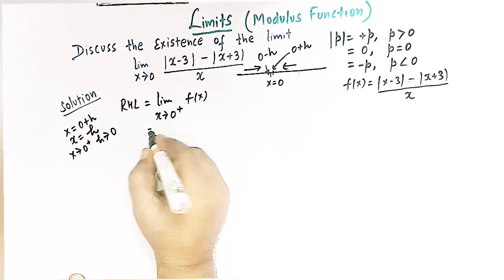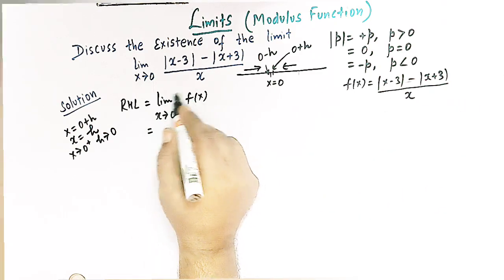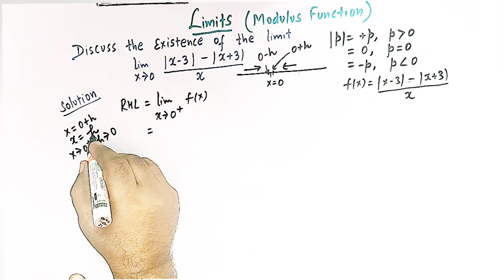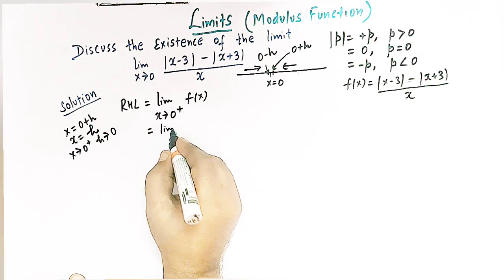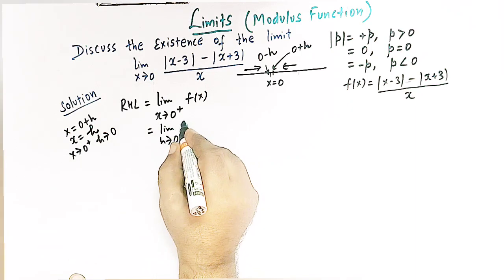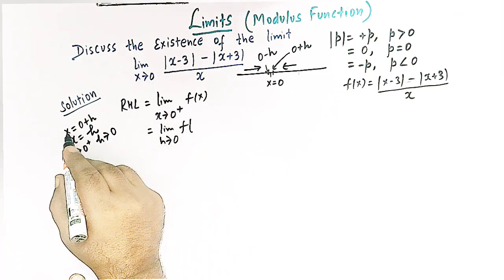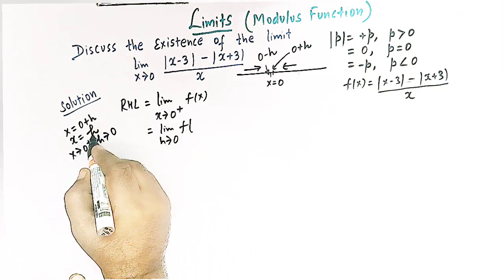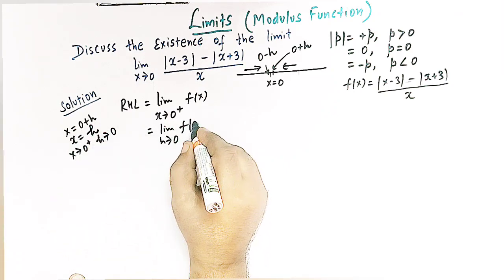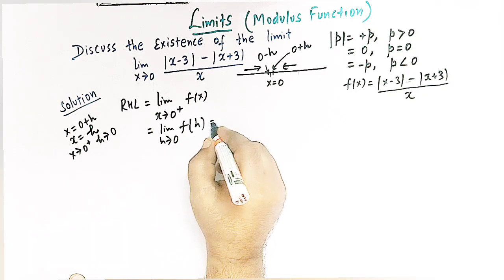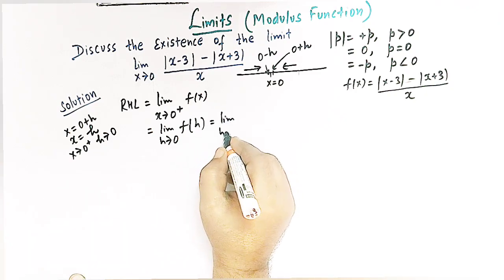So now we can transform this limit in terms of h. So we have limit h tends to 0, and here we have x is equal to 0 plus h, or x is equal to h. So we have f of h. So now we can write limit h tends to 0.